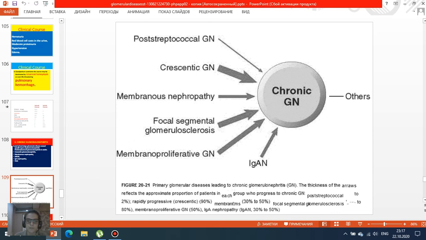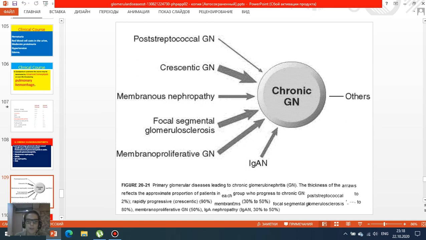Approximately 2% of post-streptococcal cases go to chronic glomerulonephritis. Rapidly progressive, crescentic glomerulonephritis about 19%, a very big percentage. Membranous nephropathy 13 to 15%. Focal segmental glomerulosclerosis about 17-18%.